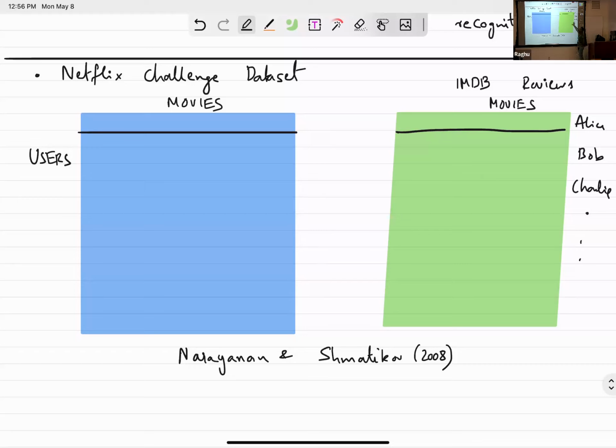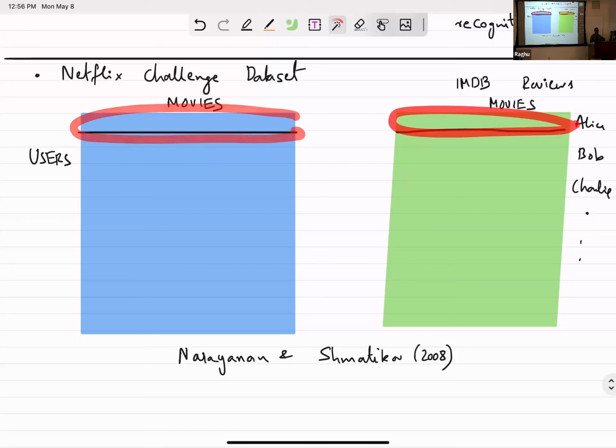This is something that you can publicly take out, right? You go to a movie, you see a review by a user, you can click on the user and see what other movies that user has reviewed. And by playing some simple tricks and matching the ratings, they could identify users within these two databases.